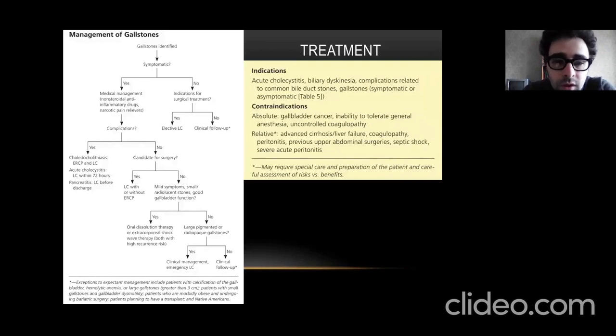What treatment will you do? Here I gave you a very simple slide with a scheme: how to understand what to do with gallstones. If it is not symptomatic, you can ask the patient, has he indications for surgical treatment? Does he want surgical treatment or not? If yes, laparoscopic cholecystectomy.